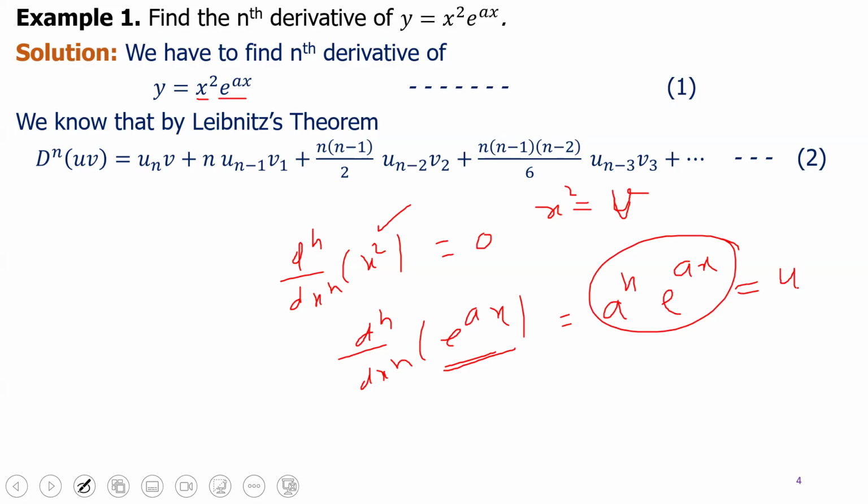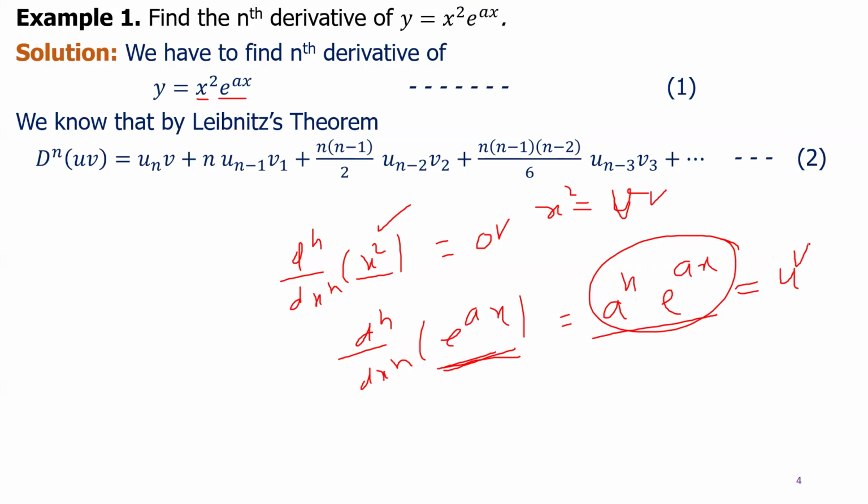So if we want to apply the Leibniz theorem to find out the nth derivative of the product of two functions, we have to first identify which is u and which is v. And how to identify? We take the nth derivative of the first function; since it is 0, it should be v. And the nth derivative of e to the power ax is not equal to 0, so this is u.